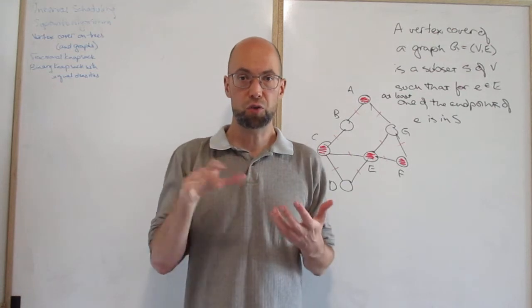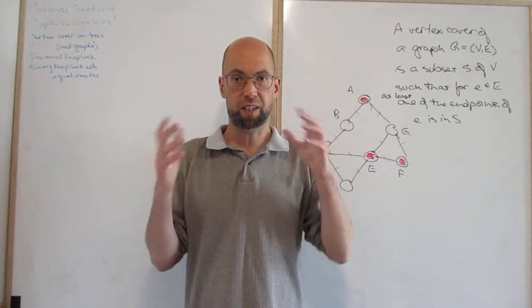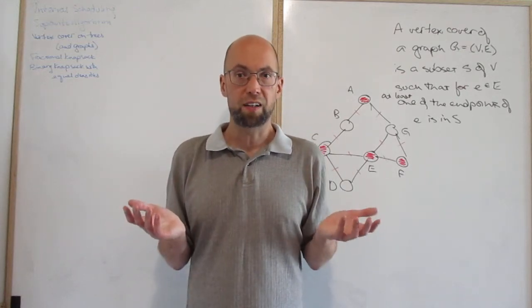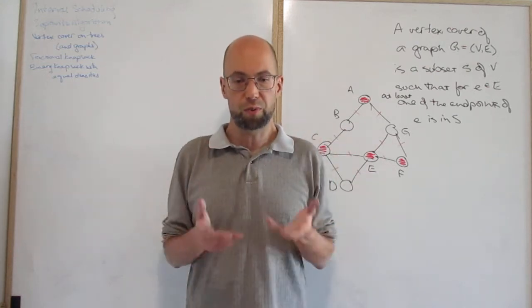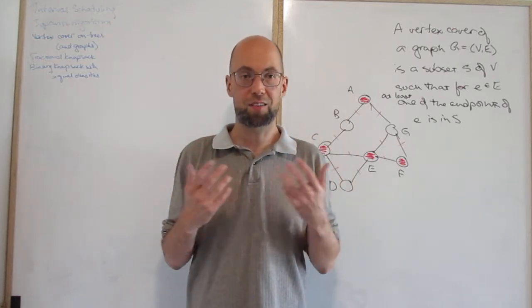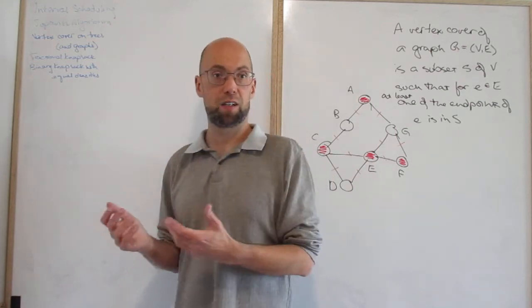So you're allowed to choose up to 2,000 vertices out of these 10,000 vertices and try to cover every edge. We don't know how to do that. So given a graph and a number, we don't have a polynomial time algorithm that lets us tell if there is a vertex cover of at most that size.